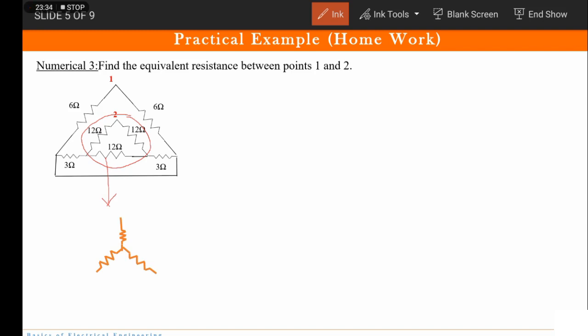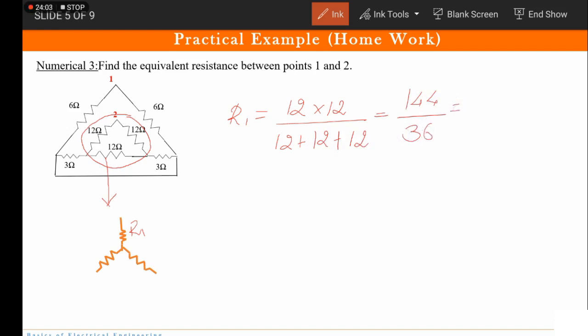So let us understand what will be the star equivalent resistance. So how to calculate that? If this is R1, what will be R1? R1 will be multiplication of the two resistances divided by the sum. So that comes out to be 4 ohms.